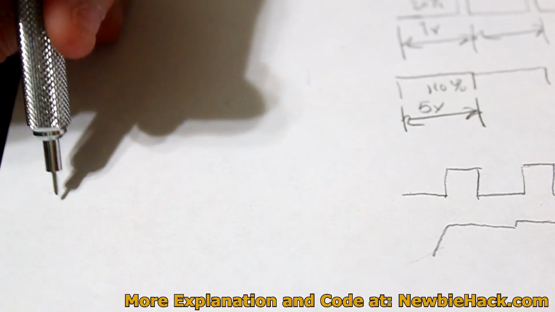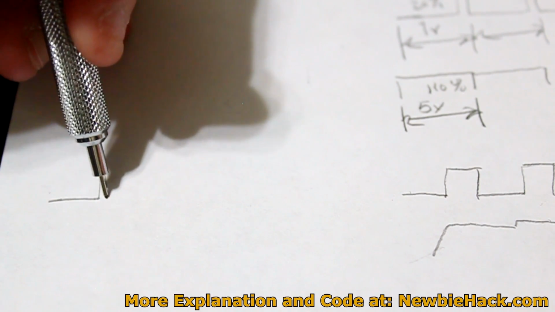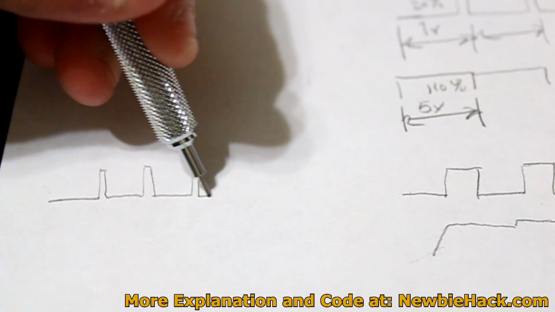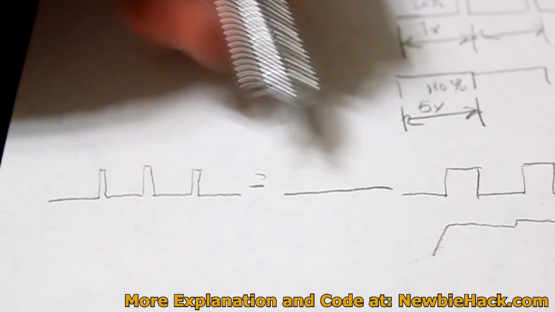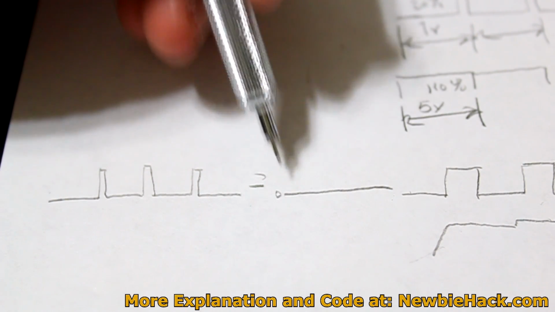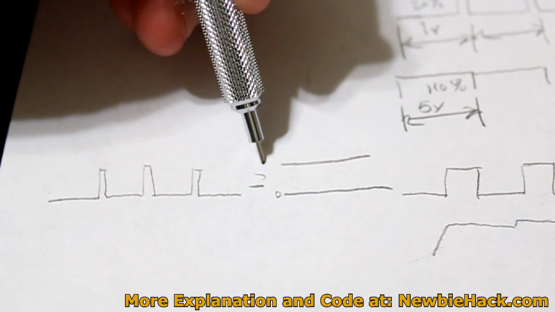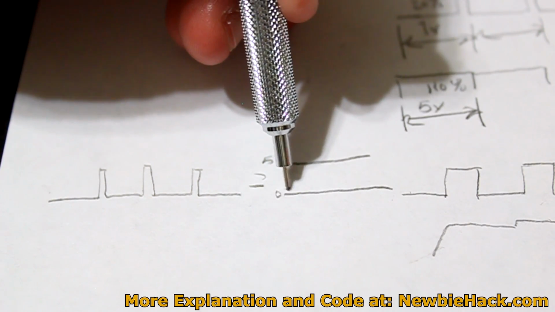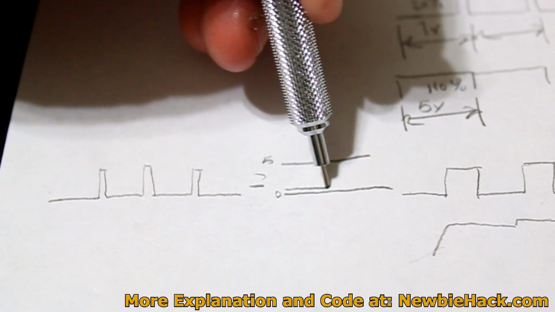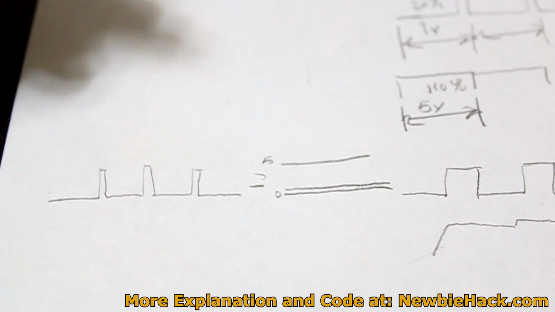So if we had a pulse width like this, with very little pulse, and let's just say this is 0 volts and this is 5 volts, if you had capacitors, you'd just have a line down here of voltage.